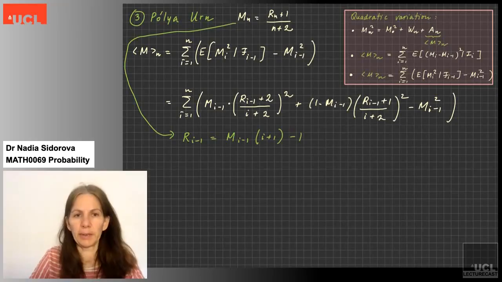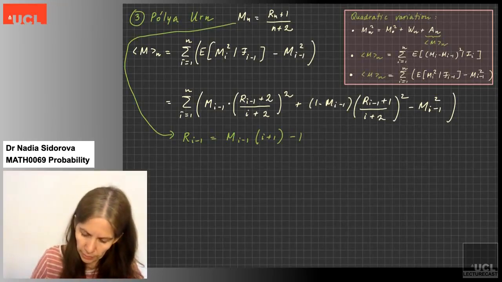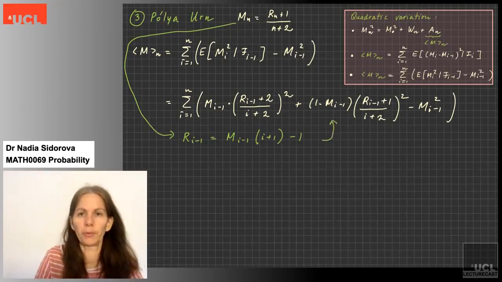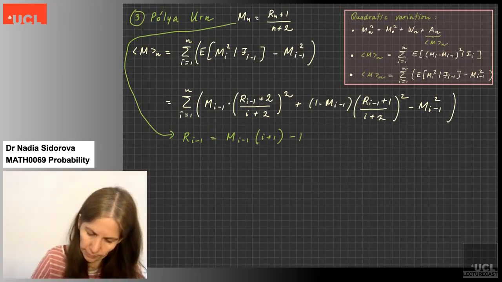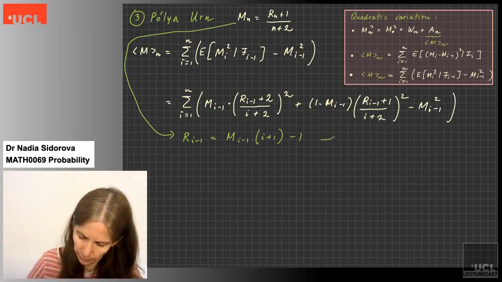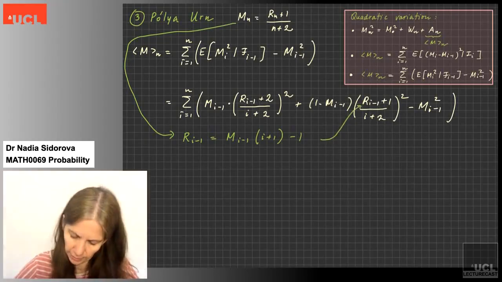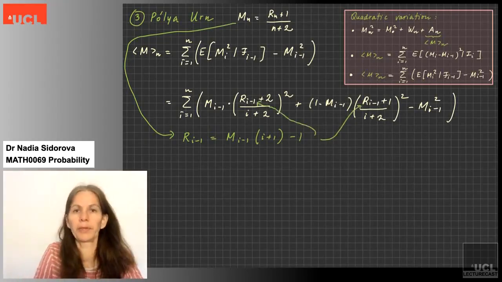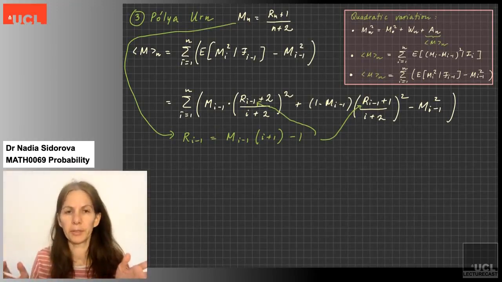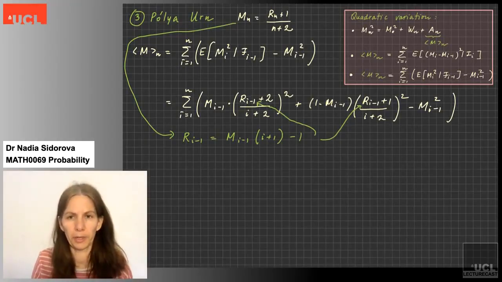And I substitute this R_{i-1} into this formula, more precisely into here and into here. This gives me a rather big expression with only one parameter, which is M_{i-1}.